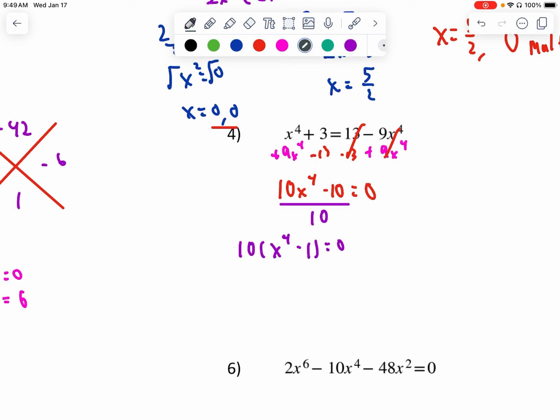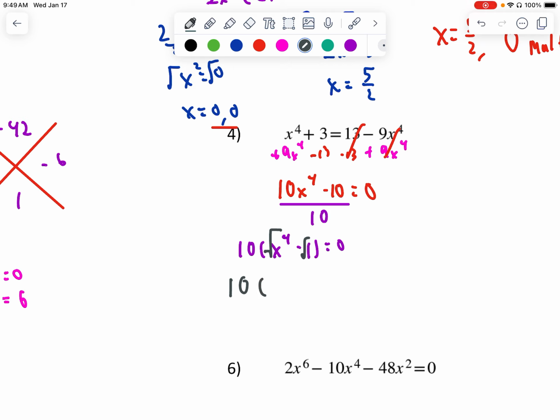We don't really have too much more it looks like we can do, but we do have this x to the power of 4 that we don't really want to deal with. If we go way back, we can remember our difference of squares, where we actually have a perfect square for our a and our b here, and we're subtracting, meaning we can factor this out using our square roots method, difference of squares.